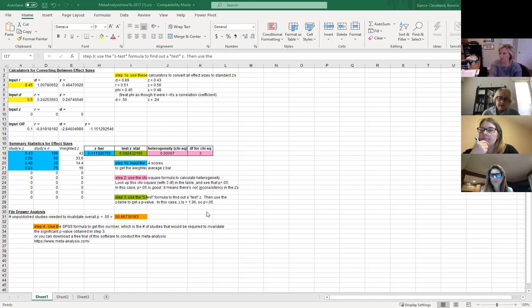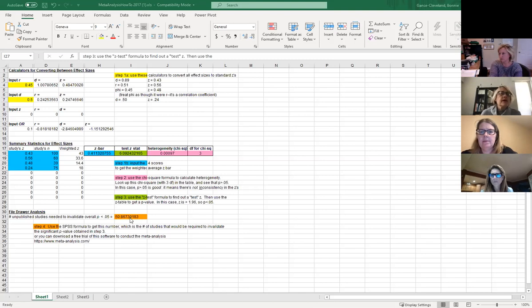Okay, I think it's all falling into place. That makes sense to me. Finally. And then the last thing is your file drawer. Your sheet should calculate it for you, and that's the number of studies needed.